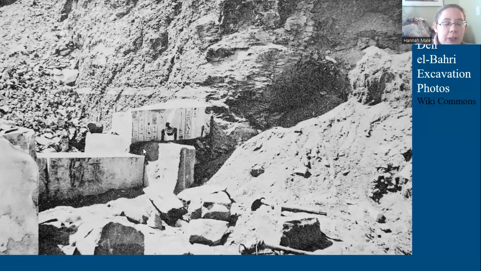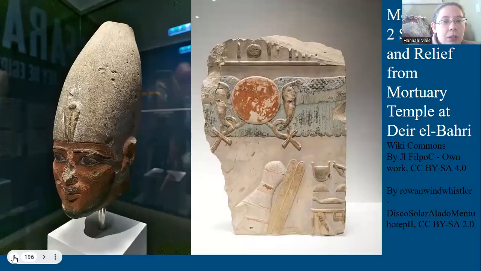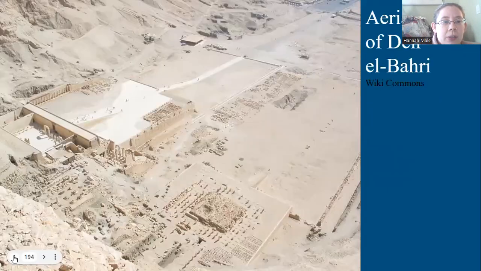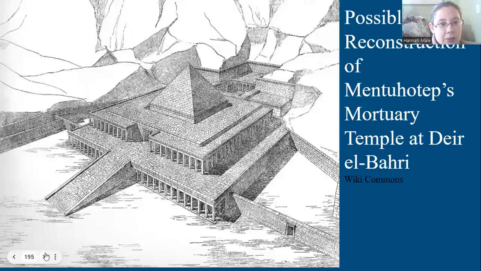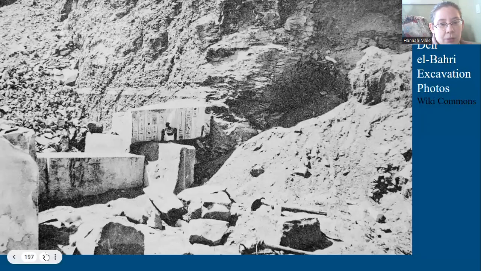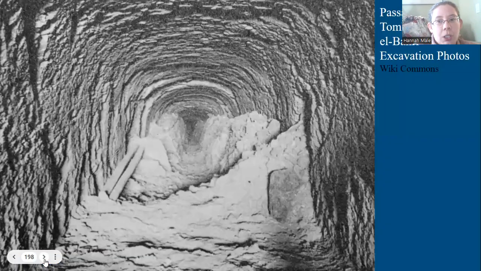So this shows some of the reliefs in situ, and I think this relief here is actually this relief that's now in the Met. So I think you're seeing that relief in situ here, but I don't know that for 100% sure.